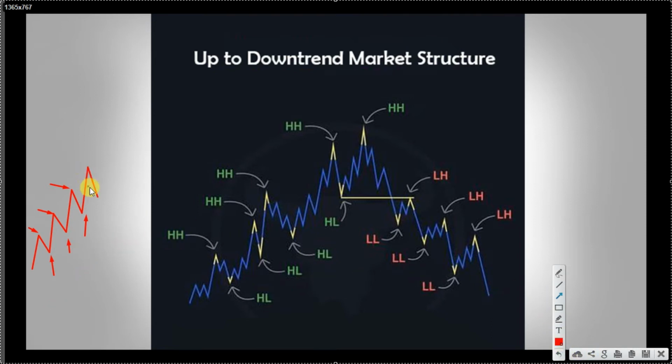This is a perfect uptrend with swing highs and lows. If the market is making a small downtrend after breaking its previous higher high, don't assume that the trend has changed. The market has to break this higher low.